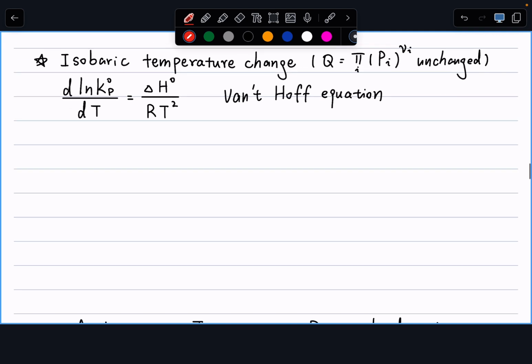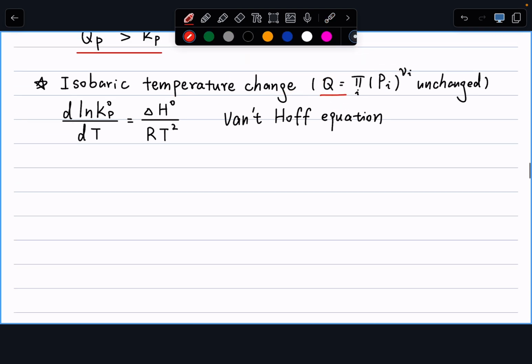So for example, in this case, when we say an isobaric temperature change, my reaction quotient here, keep in mind, is the product of the instantaneous partial pressures. I'm telling you the reaction quotient is not changing, but why is it not changing?